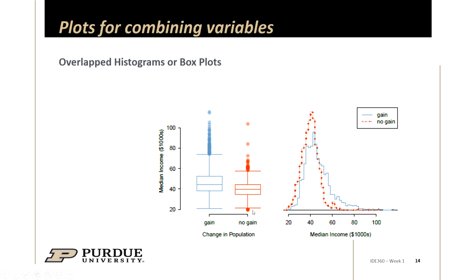And for those that didn't gain, the median income is comparatively lower. And if you want to see the whole distribution of them, then you can create some silhouette histograms to compare each other, to see how different their medians or their means are, or their skewness, or how many outliers you have, and things like those. So you can surely add a categorical variable to compare certain numerical characteristics.